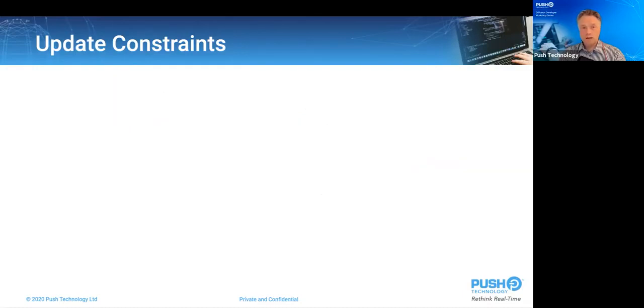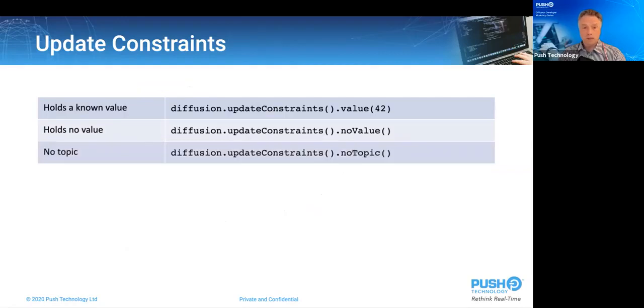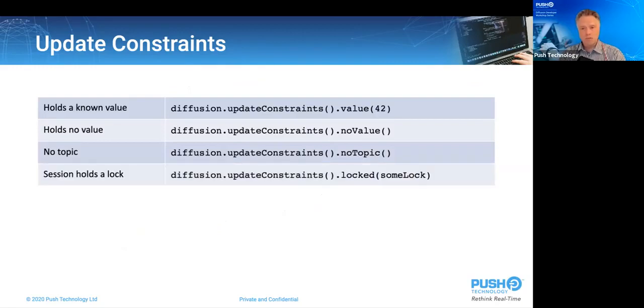As we've seen, update constraints can assert that a topic holds a known value. Another type of update constraint can assert that a topic holds no value, or that no topic is even bound at that topic path. The topic does not exist. Or that a session holds a given session lock. And we'll see a little bit more about locks in a short while.